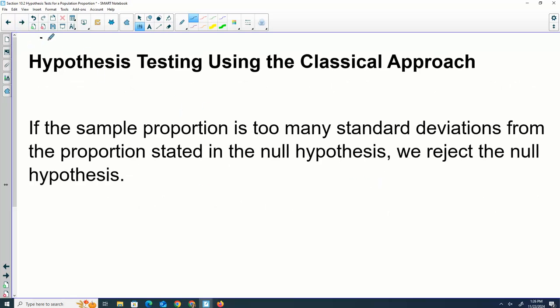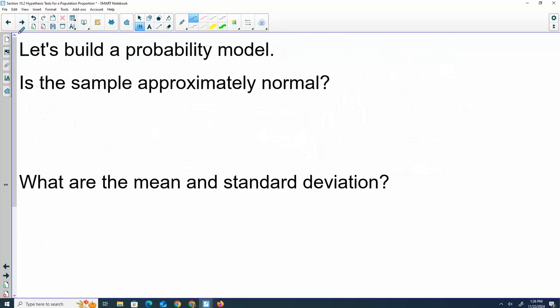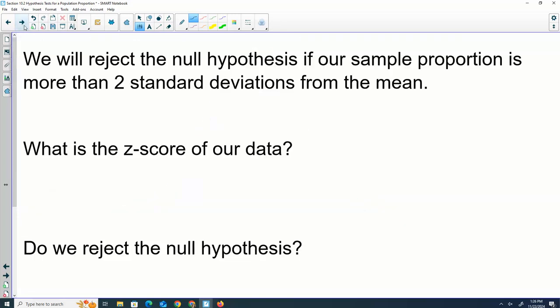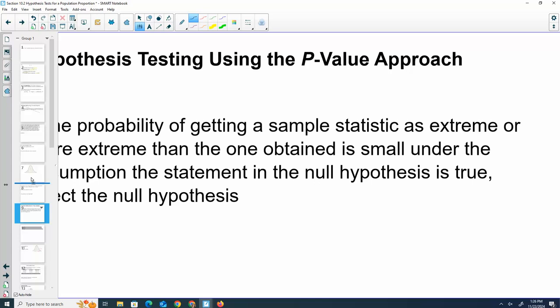So I am going to actually skip this classical approach. It's 2 options for the same thing. And I think it's easier just to stick with the second option, the p-value approach, because it is more similar to what we've done in the past. So I'm just going to jump to this slide and then I'll actually work through this scenario.